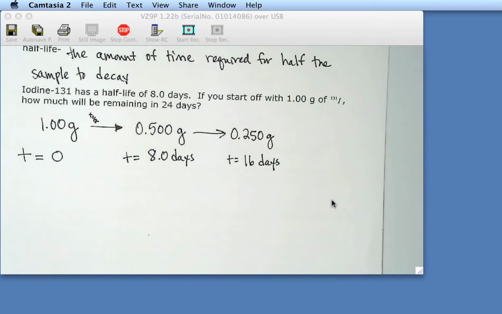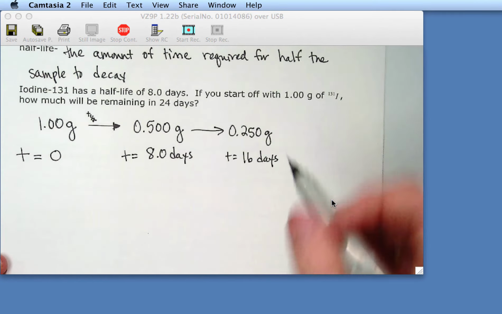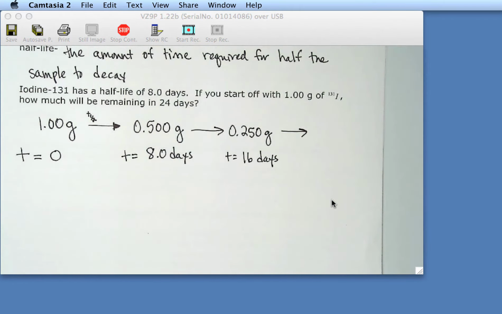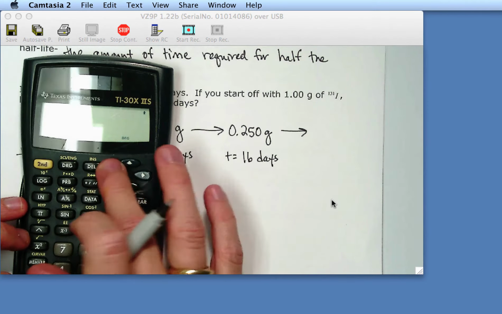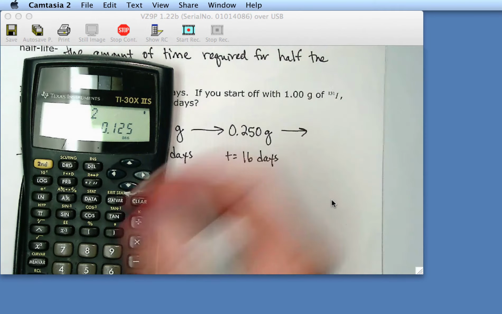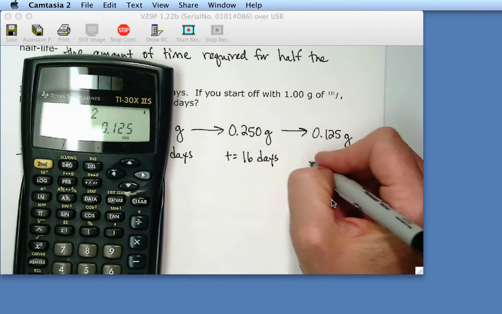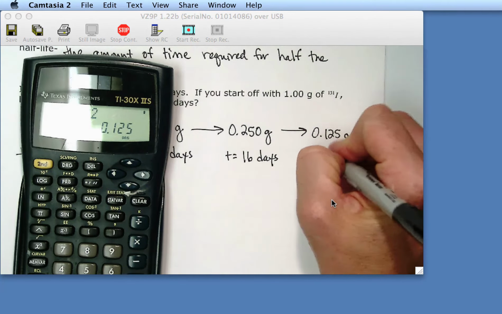And all I'm doing is dividing by 2. I divide 0.250 by 2 again, and just to show you what I'm doing, 0.125, what would my time be? 24 days.